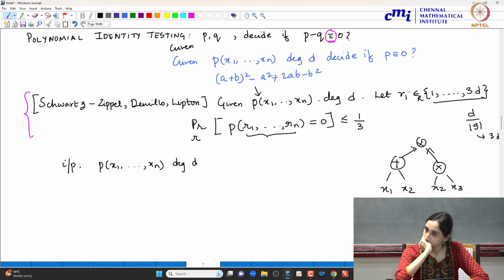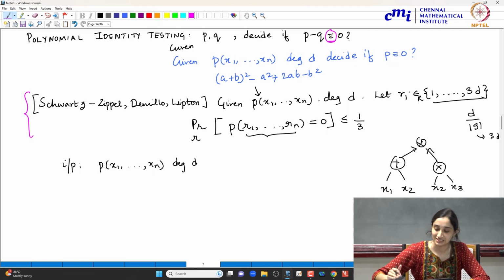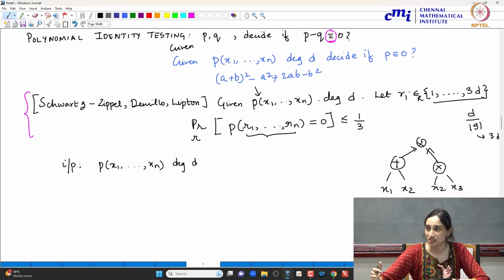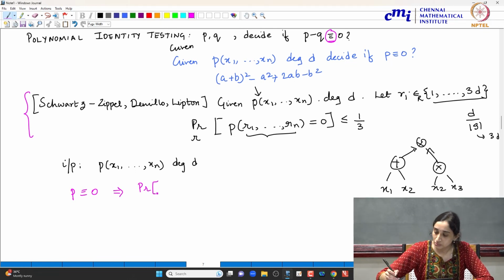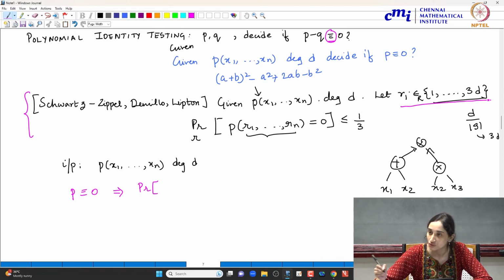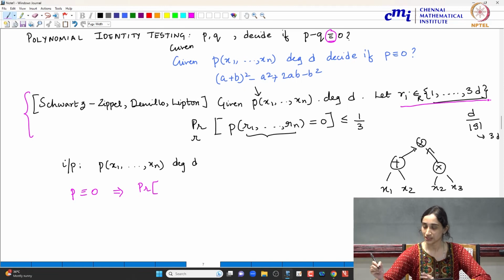You can just repeat it multiple times. But let's not even repeat it. You can do it just once, and what will you get? The algorithm picks points uniformly at random and substitutes.